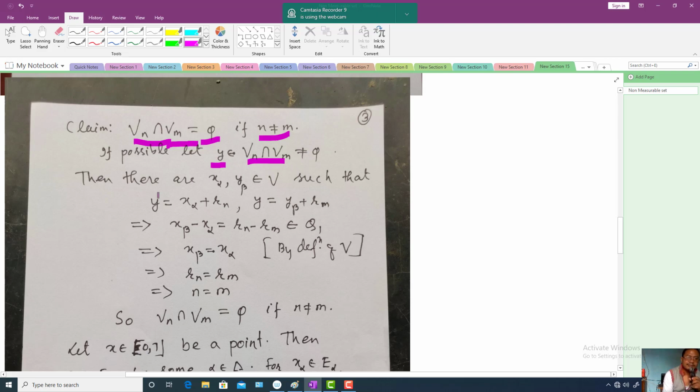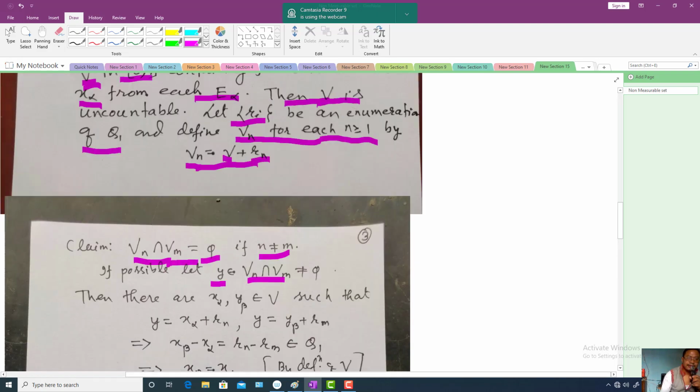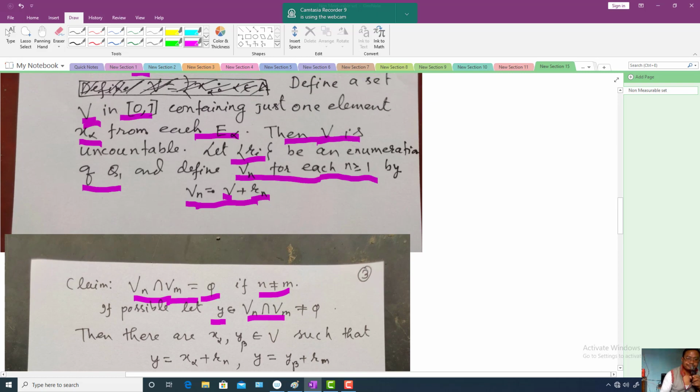Okay, so then y is a member of Bn means, according to the definition of Bn, how we define Bn. Y is a member of Bn means y must be equal to some element of B plus some rational number. Suppose that element of B, let us call it x alpha, and suppose that element of Q1, let us call it Rn.